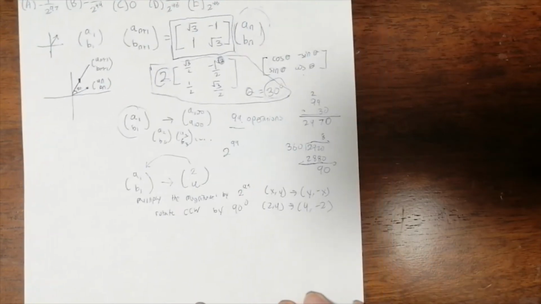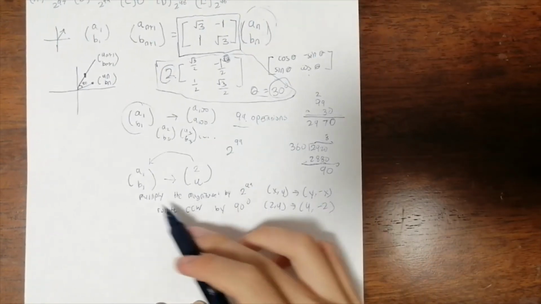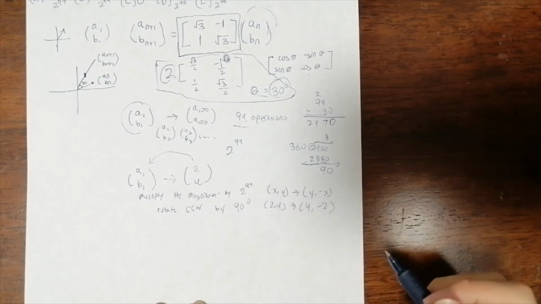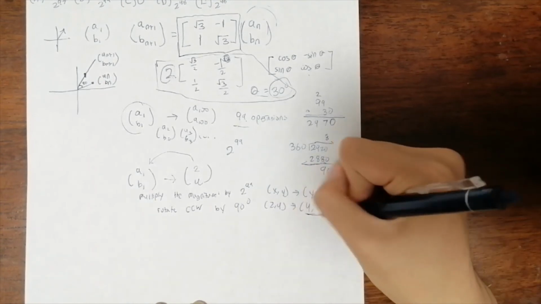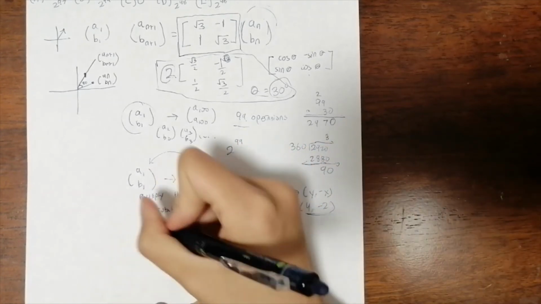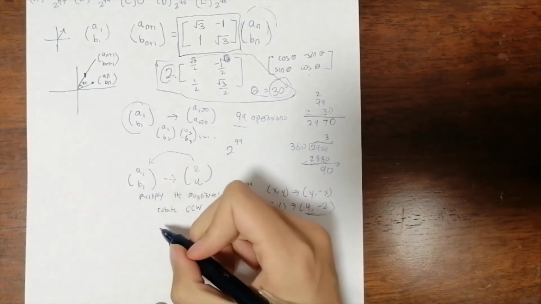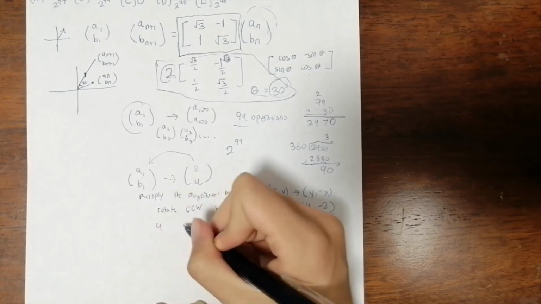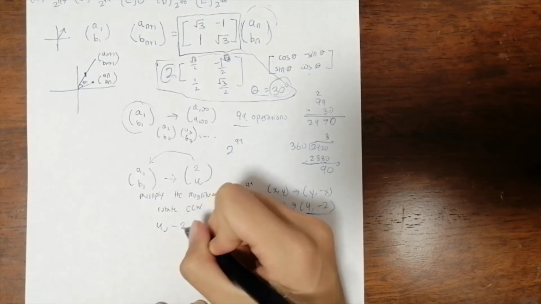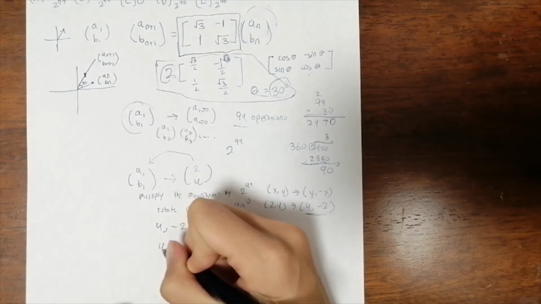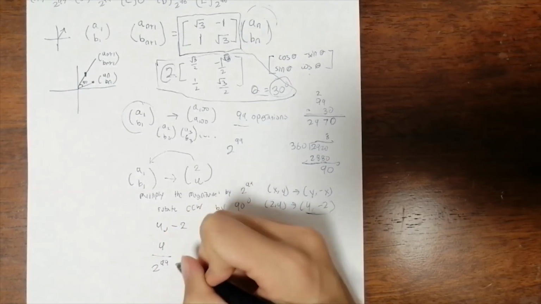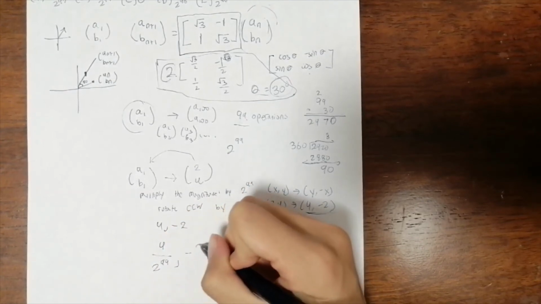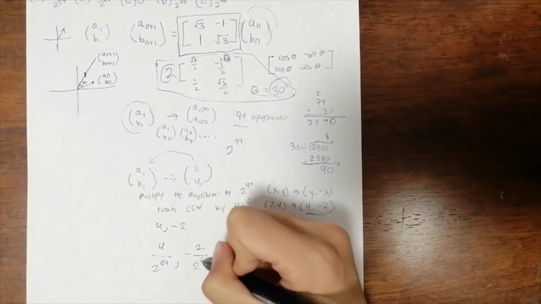And then we have to divide the magnitude by 2 to the 99th. So we take this point and divide each component by 2 to the 99th: 4 divided by 2 to the 99th, and negative 2 divided by 2 to the 99th.